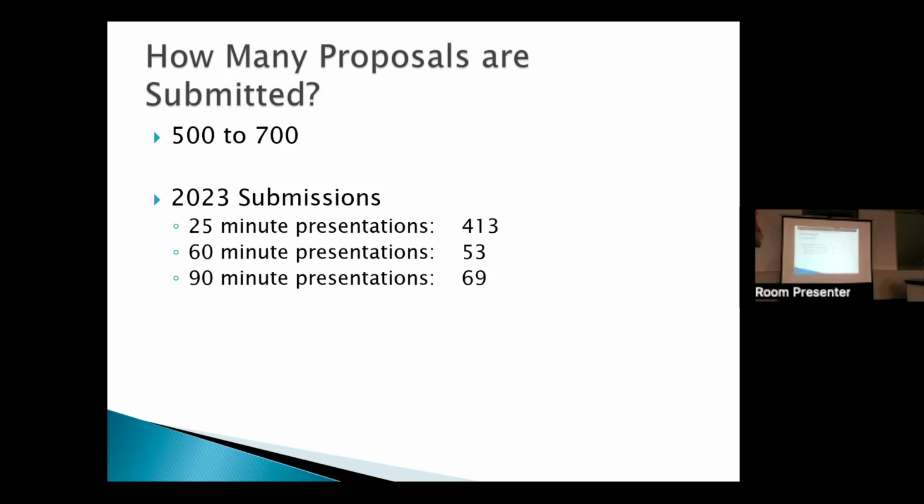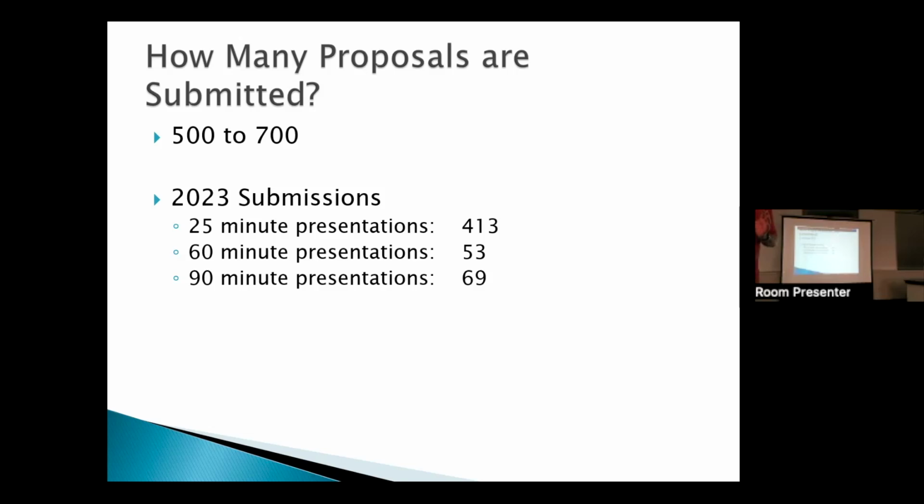the abstracts. So last year, 2023, there were 413 25-minute presentation abstracts submitted, 53 60-minute abstracts, and 69 90-minute abstracts. But many of those 90-minute ones will be SIG forums and stuff.